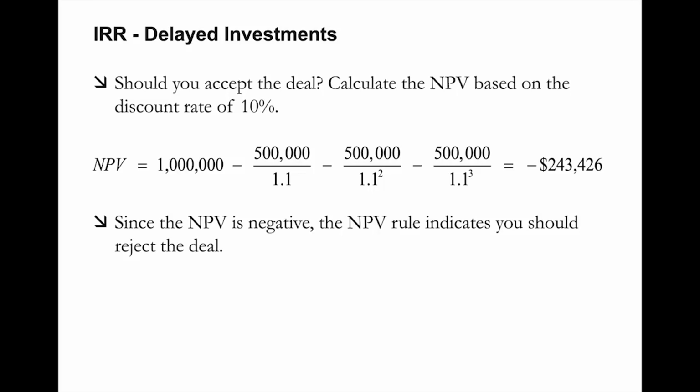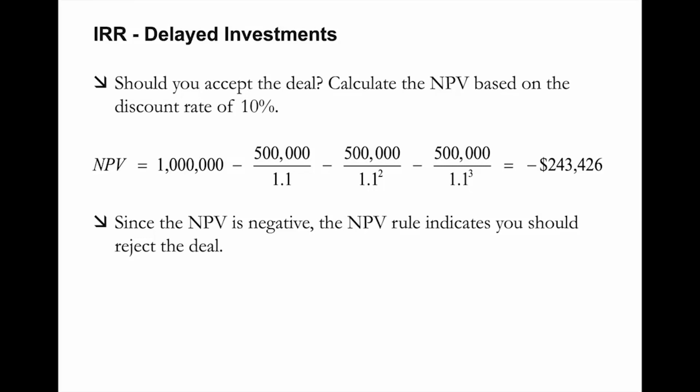And the NPV of this project is negative $243,426. So since the NPV is negative here, of course, we would reject the project or reject the deal.